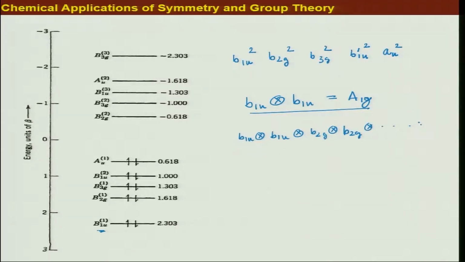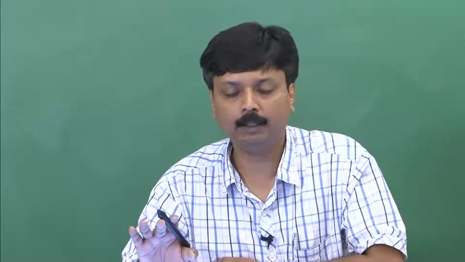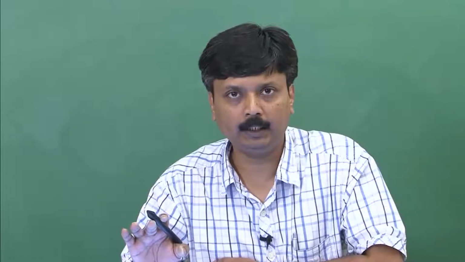Each one of them gives the totally symmetric IR. So altogether, since all of the orbitals are occupied by 2 electrons, the electronic state of the system is totally symmetric, right?